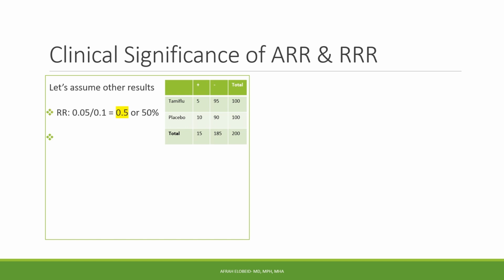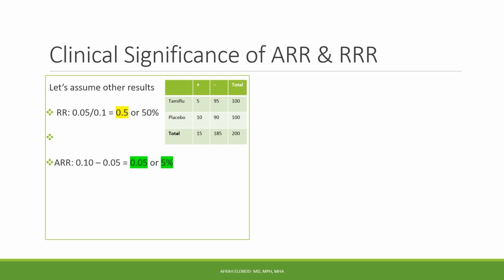From this 2 by 2 table, if we calculate the relative risk, we will find that it's equal to 0.5 or 50%. I will not repeat the equation of relative risk because I discussed that in a previous video, but it's basically the risk in the intervention group over the risk of the non-intervention group or control group. By simple calculation, we'll find that it's 5% over 10%, and the result is 50%.